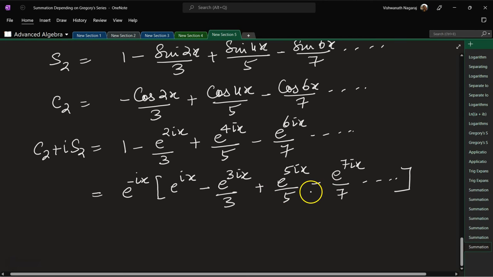So again we have got the Gregory series. So this can be written as e to the power of minus ix times tan inverse of e to the power of ix.